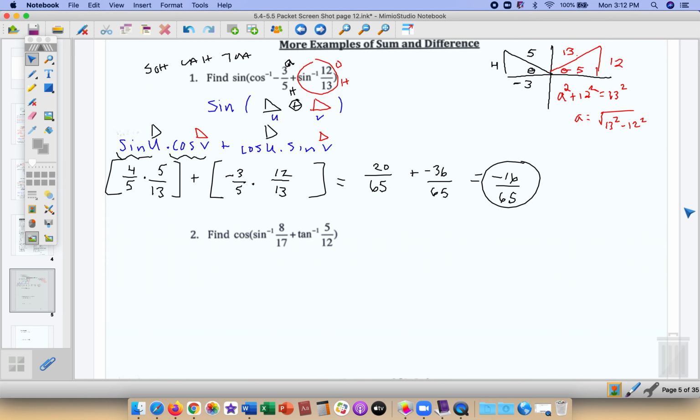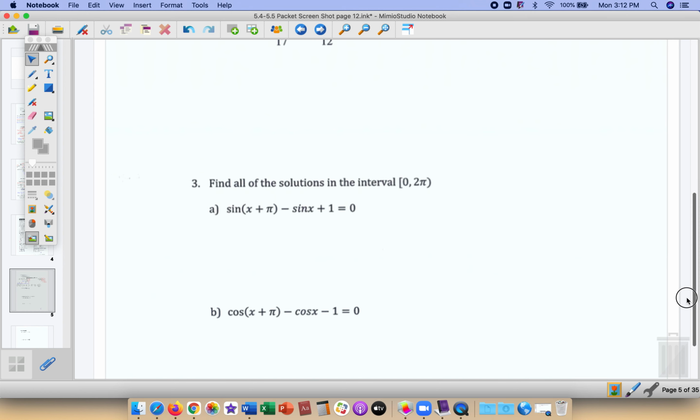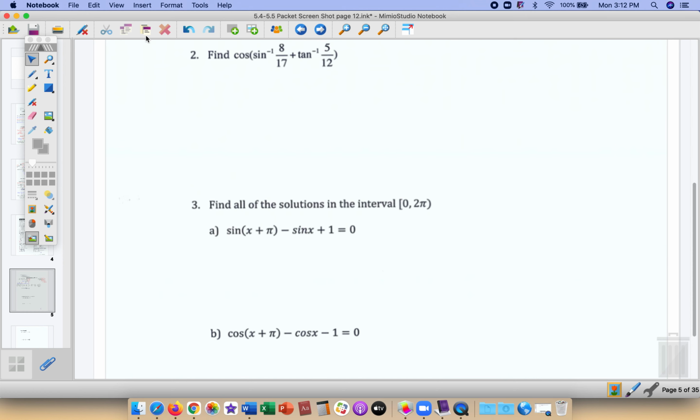So for this next problem, we're also going to draw pictures of triangles. We'll do the dark triangle for this one, and we'll do red triangle for this one. So inverse sine 8/17.